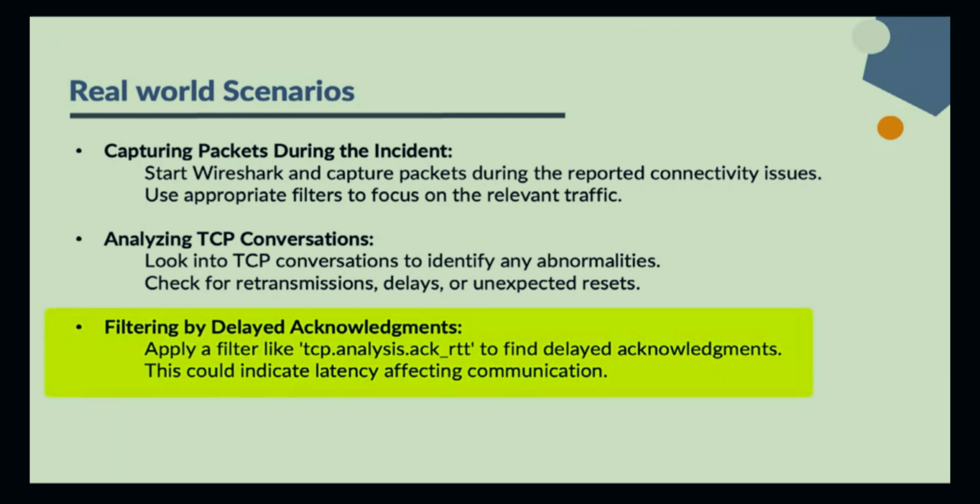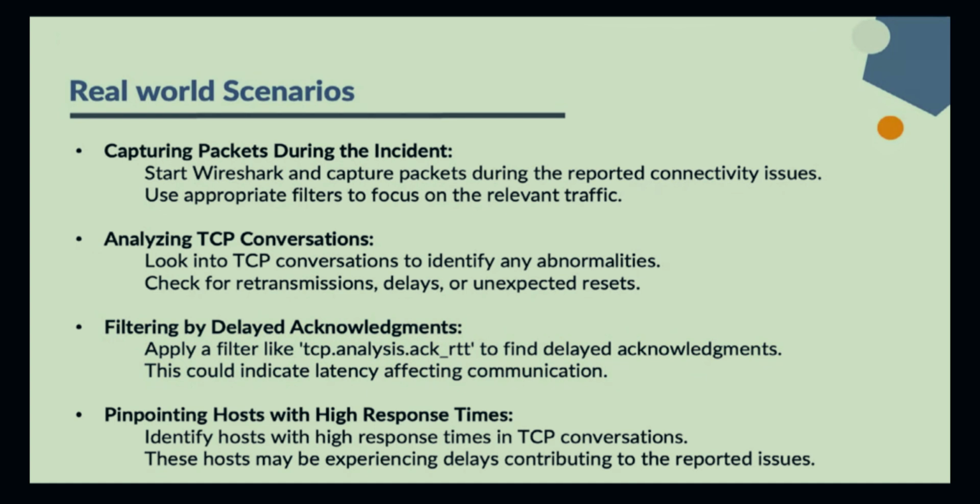Now, we can also apply filters like tcp analysis. This is one type of filter that we can apply and see if there were any delayed acknowledgements. So this can also indicate the latency affecting the communications. Now we can also try to find out the hosts which have high response times in TCP conversations.